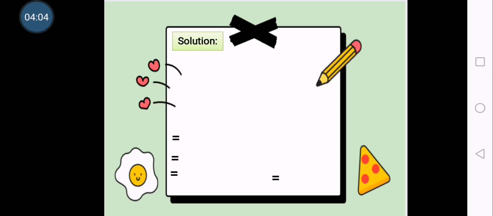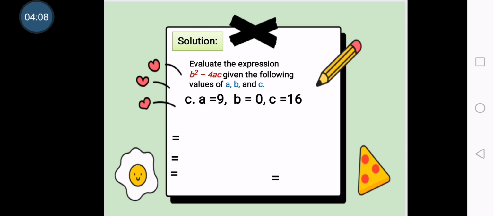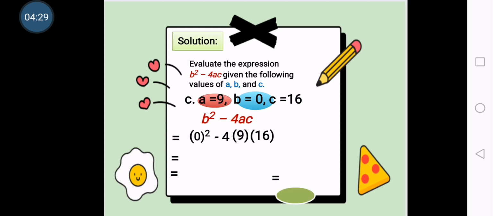Sunod, third example. Values of A, B, and C. So, ang A natin ay 9, B is 0, 16 ang C. So, substitute natin sa discriminant. B square is 0. So, ayun po. Kaya siya 0 square. And then, 4 times the value of A na 9 and the value of C na 16.